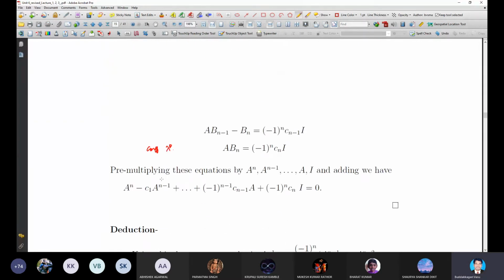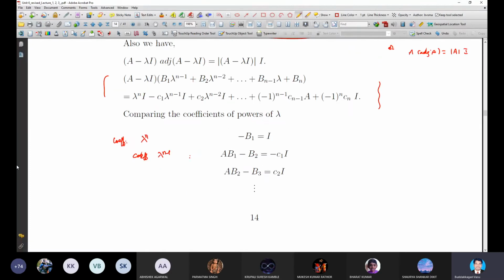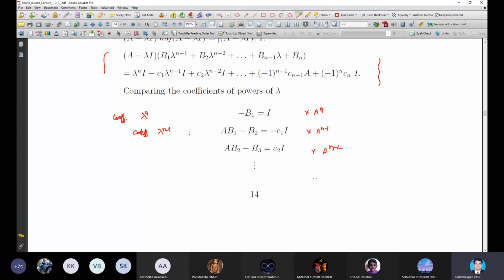Now we pre-multiply all these above equations by A power n, A power n minus 1, A power n minus 2, and so on. You must understand what pre-multiply means. You have to multiply before, not after, because matrix multiplication follows compatibility.